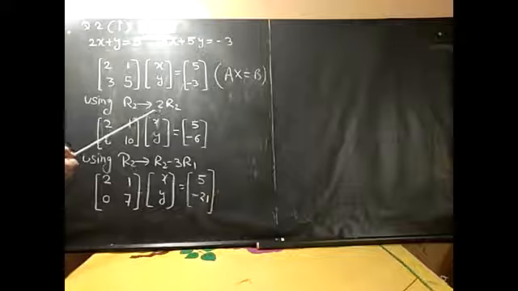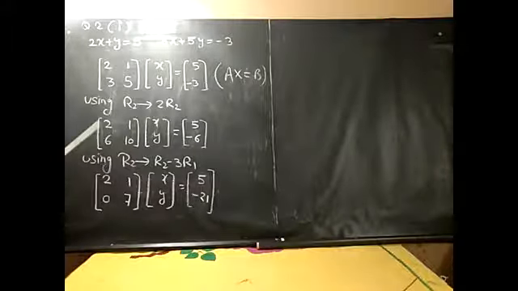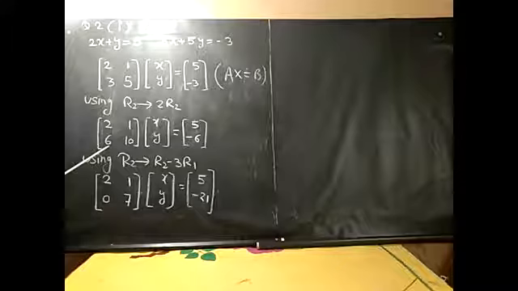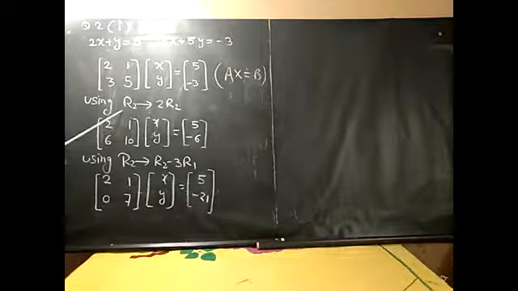By multiplying R2 by 2, I will get 3 2s are 6, 5 2s are 10. In this way now, this 6 is multiple of 2. Since it is multiple of 2, means I can multiply 3 in first row and then I will subtract this first row from this second row. Is it clear? That's why first we have done this one.